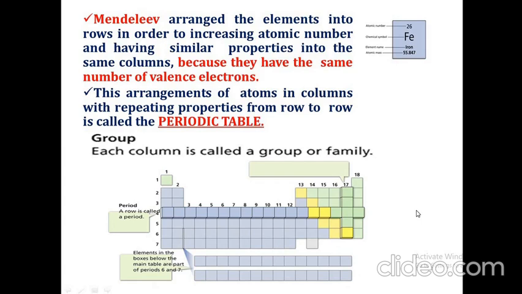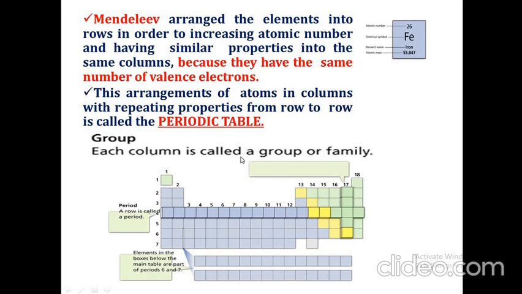As we know, Mendeleev arranged the elements into rows in order of increasing atomic numbers, and columns having the similar properties of elements. The arrangement of atoms in columns with repeating properties from row to row is called the periodic table.